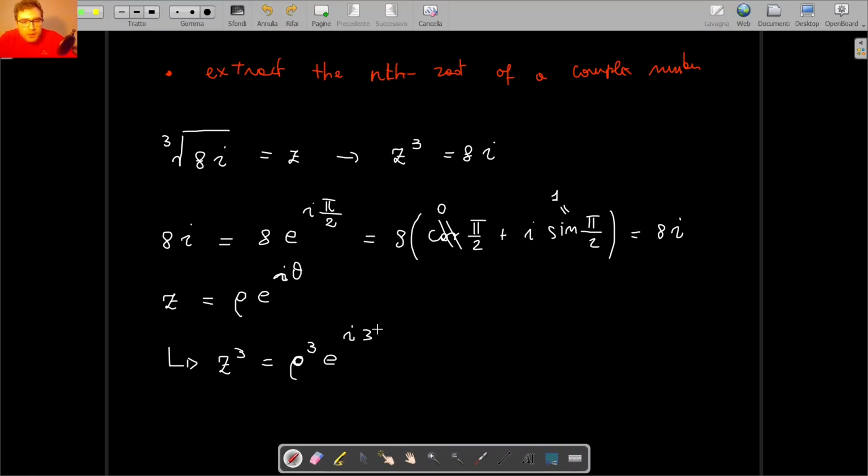I think that in English it is said theta. So now we have a way simpler equation, because now we have to identify this part of the equation with this other part, and so we can proceed.